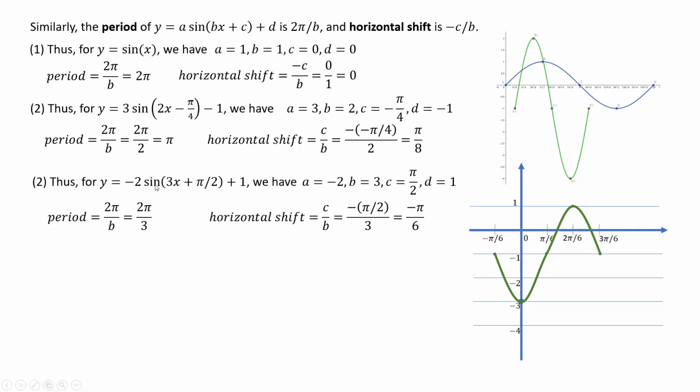When we say A sine of bx plus C, plus D, if C is positive, the horizontal shift is actually to the left. However, the horizontal shift, when you calculate it, turns out to be negative pi over 6, and that negative value indicates a shift to the left. Okay, all right. What else?